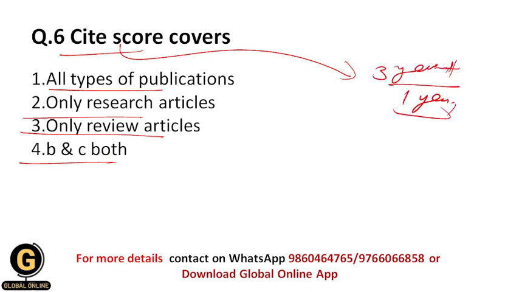And that's why CiteScore covers all types of publications. It is not only research articles or only review articles, or only research and review articles. Basically CiteScore covers everything. It covers all types of publications. That's why your correct answer is 1.